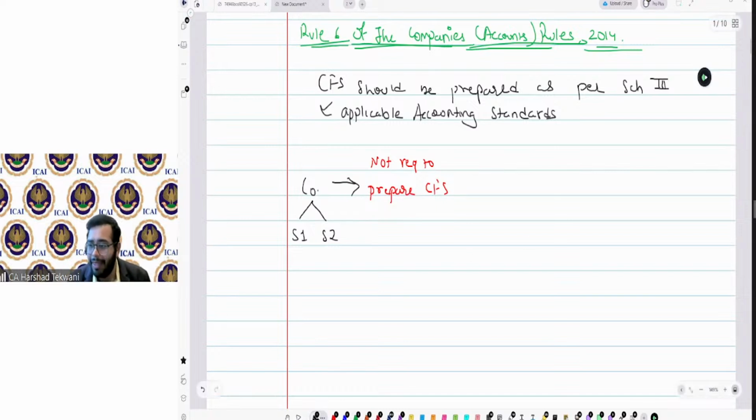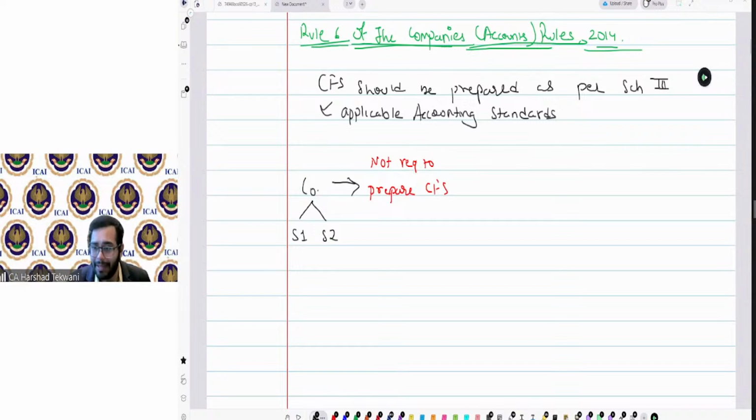When the question comes to accounting standards, we need to go to the accounting standard. But having said that, in Rule 6 itself there is an exemption given.